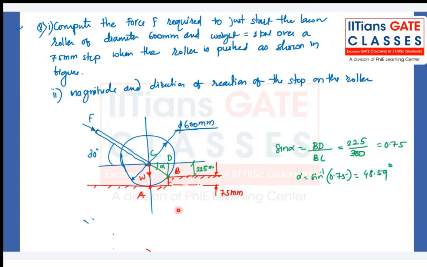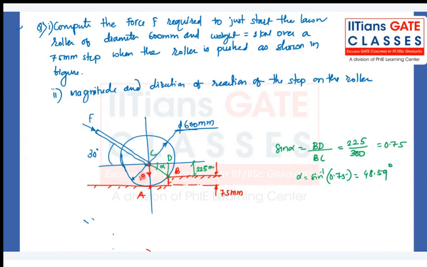But if you know the reaction, the best way is that you have a reaction at angle 48.59 passing through the center, and we already have two forces which are passing through the center.